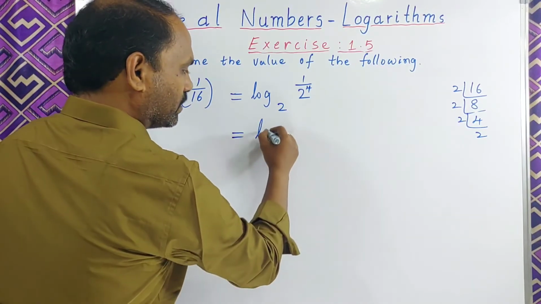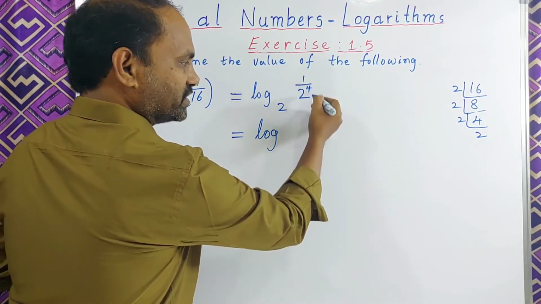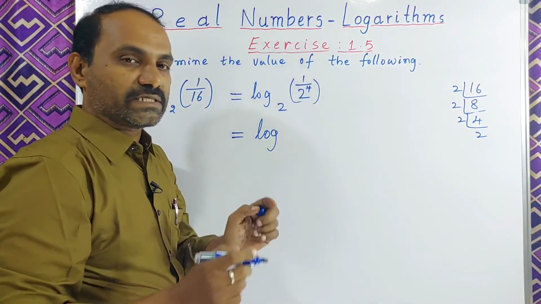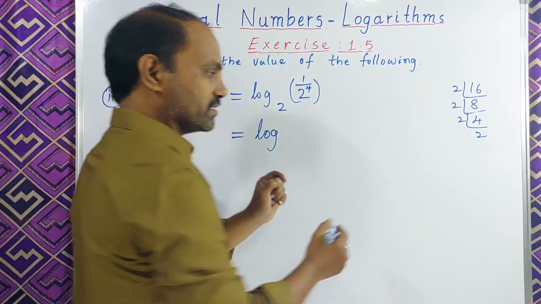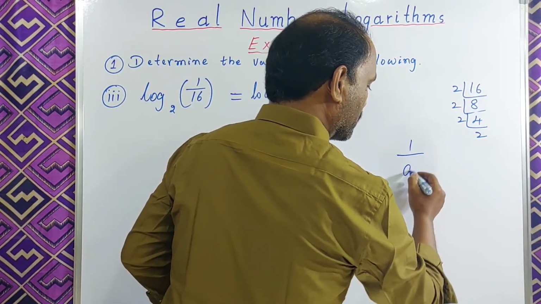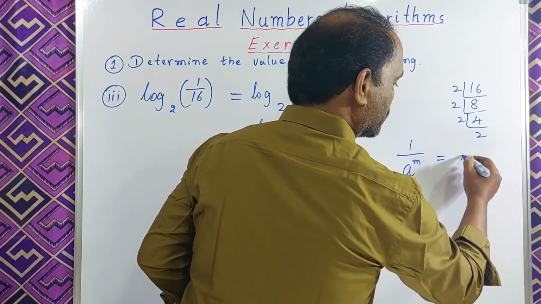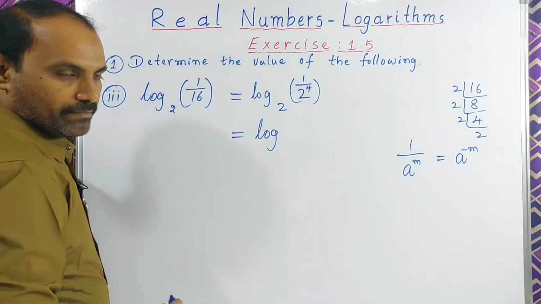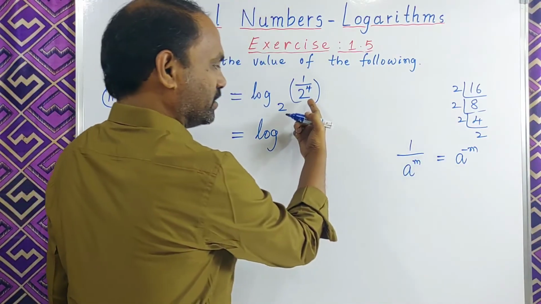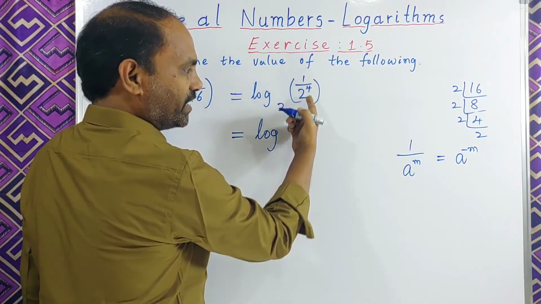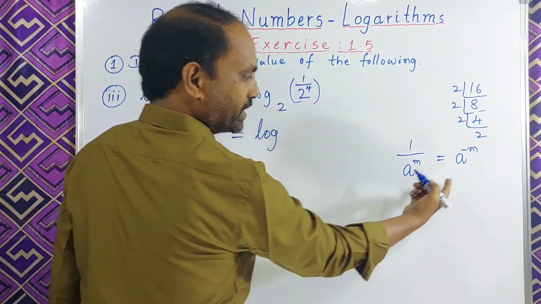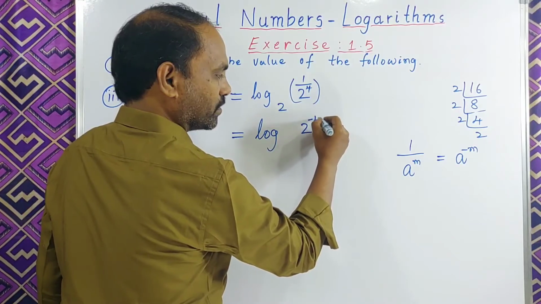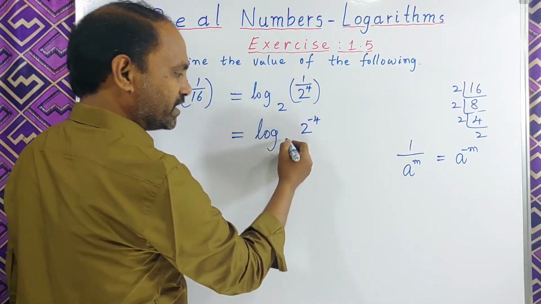Now using the properties of exponents, 1 by a power m is equal to a power minus m. We use this formula here, so 1 by 2 power 4 can be written as 2 power minus 4, then to the base 2.